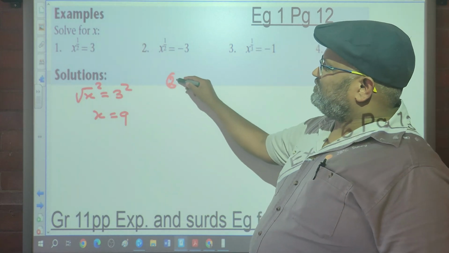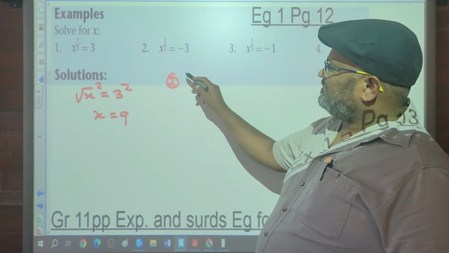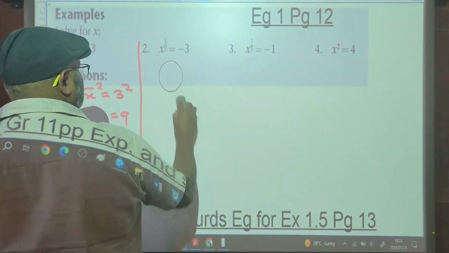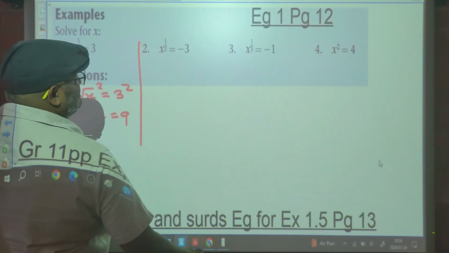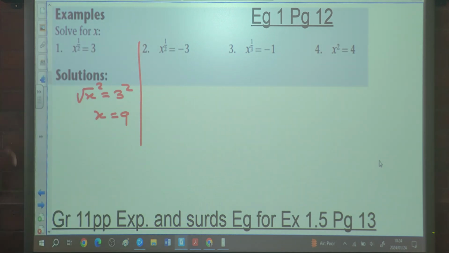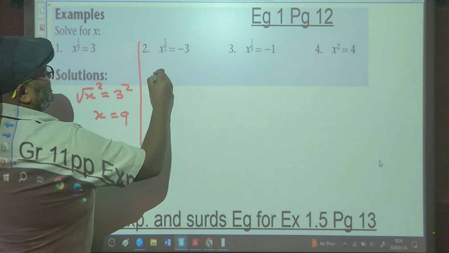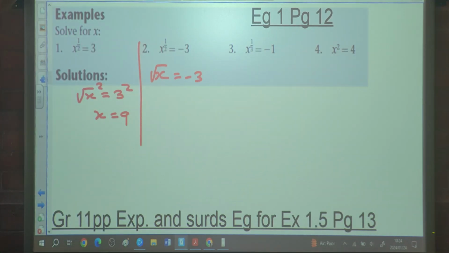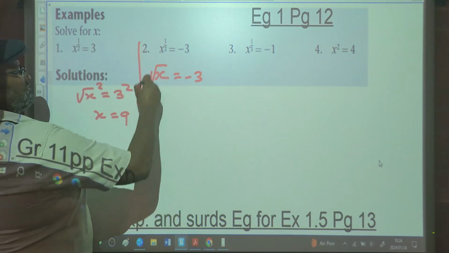However, if we look at number 2, we have x to the half is equal to negative 3. But x to the half can also be written as the square root of x equals negative 3. So what do I do here? Square both sides, right? It's incorrect, but I'll show you now why. Square both sides.